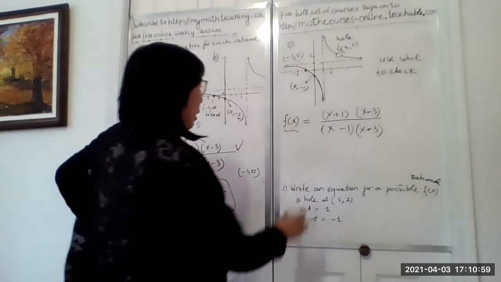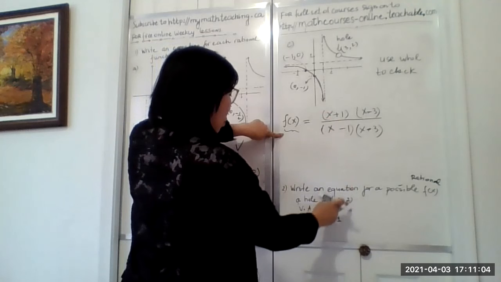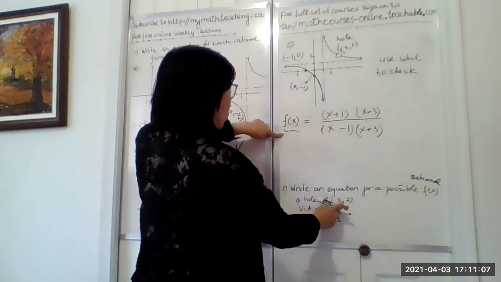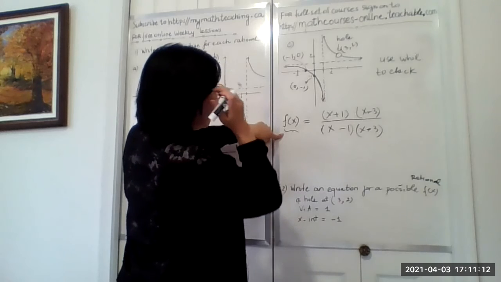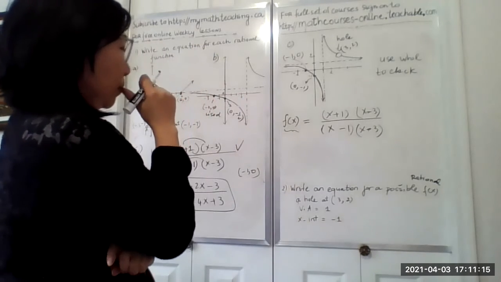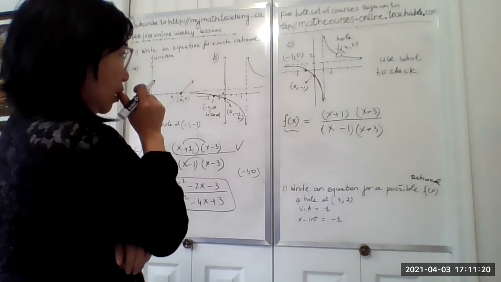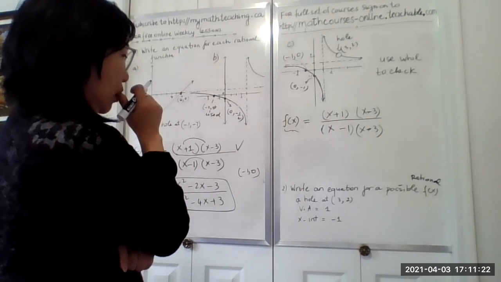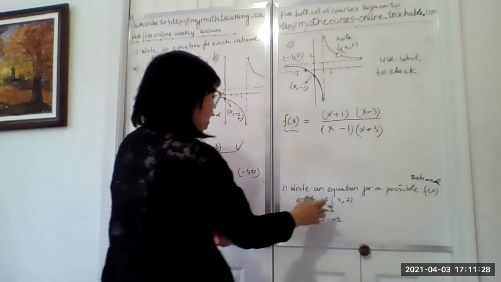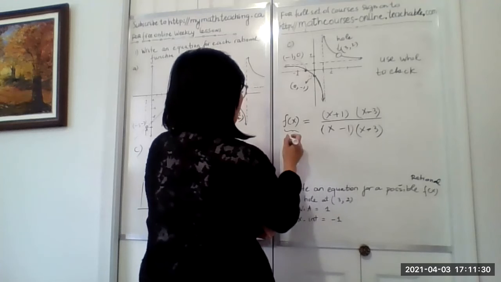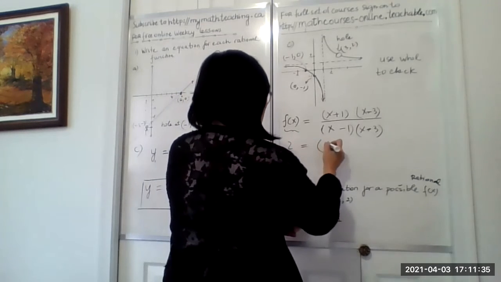Okay, let's check to see if our hole can be right. So if x equal 3, y should be equal 2. Let me put in y equal 2 in here. And our numerator is x plus 1.